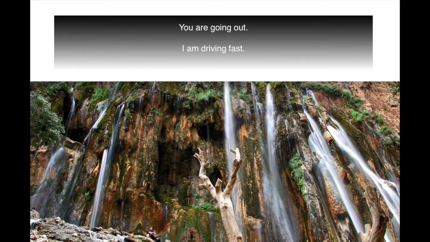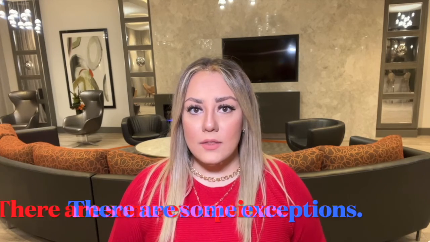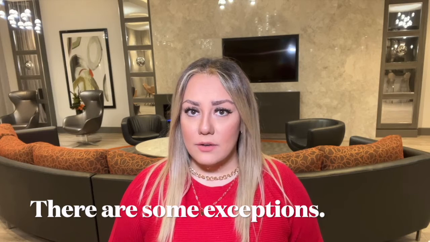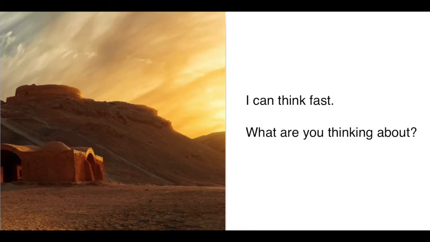I am driving fast. And as always, there are some exceptions. For example, think. Think could be used both in simple present and in present continuous. For example, I can think fast. What are you thinking about?